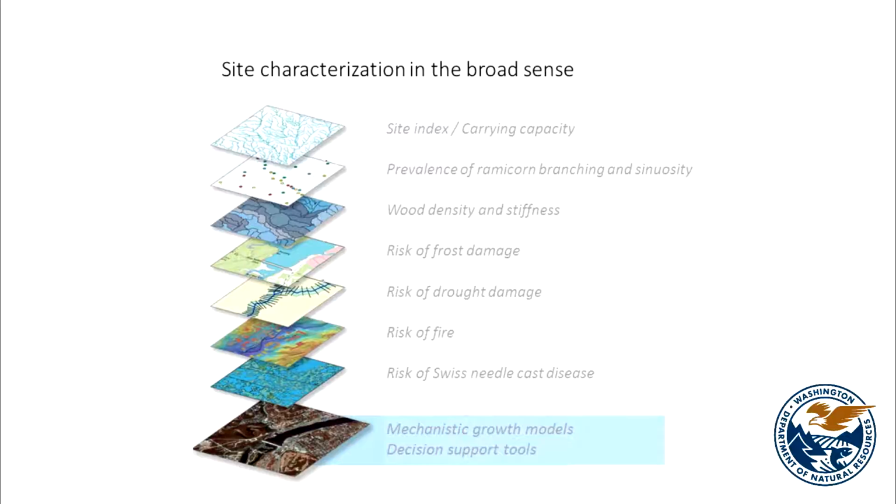And so we can use this information and feed it into mechanistic growth models and make a variety of decision support tools for land managers in terms of what kind of trees they are deploying across their landscape.